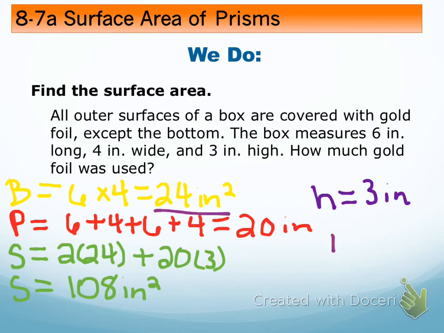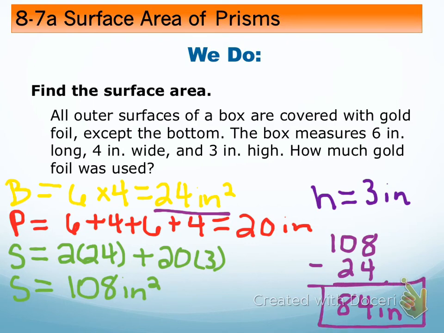So we just need to take that 108 and subtract that 24 because that's not going to be covered. When we do that, we get 84 inches squared. That's how much gold foil would have been used to cover the entire prism except for the base.